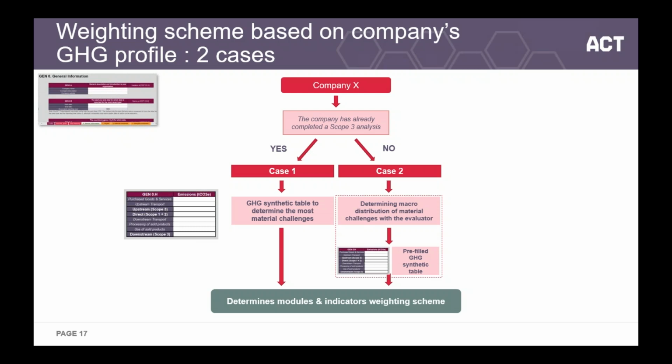So maybe I got it wrong. Maybe there's no discussion now about the methodology development, but maybe that discussion should happen with the evaluator to determine the material challenges for that specific company. Does that make sense? Yeah, exactly. Your final analysis is the right one.